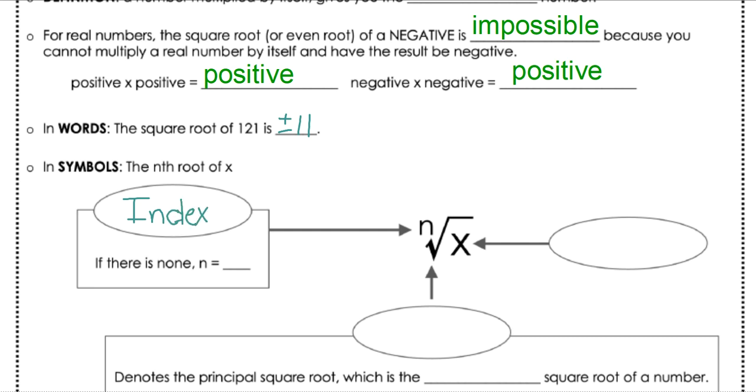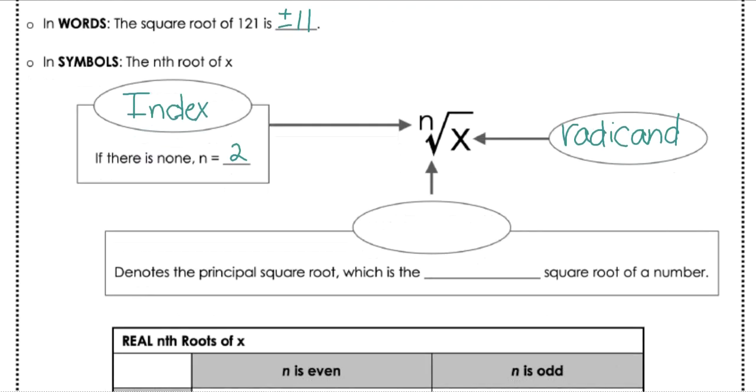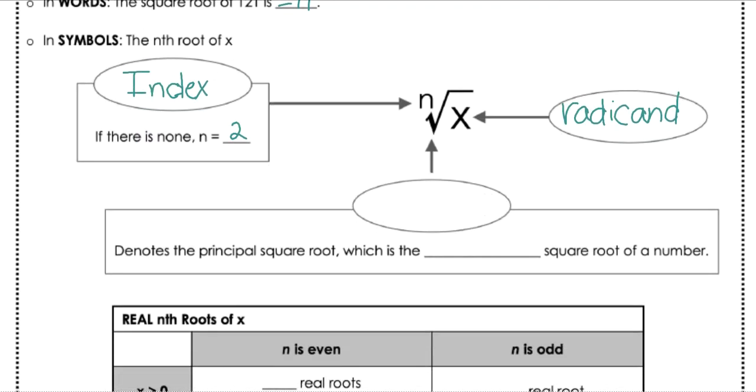And if there's no number there, then we assume that it's a square root, a second root. The number inside there is called the radicand. So the number we're taking the root of is called the radicand. And then that symbol denotes the principal root, which is the positive square root of a number.